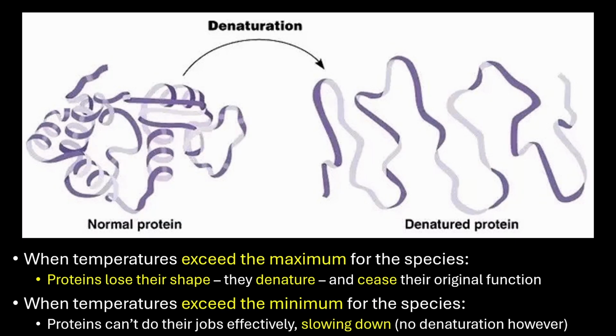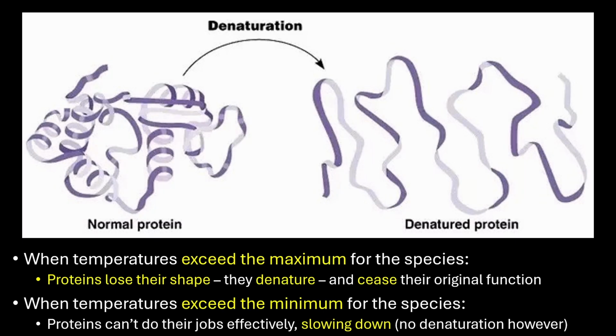There's a lot of variation there, but because that's the temperature that our body is maintained at, we're looking at this as our optimal temperature range. So the various proteins that our body makes, most of those proteins have an optimal temperature range that is right around 98.6, give or take a couple degrees.